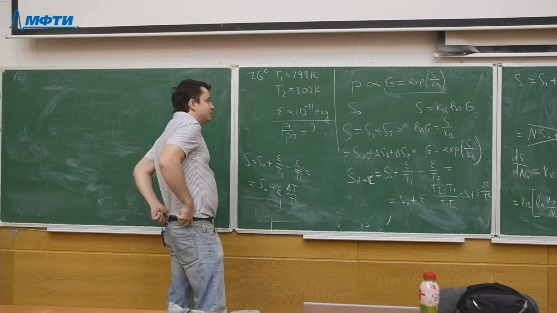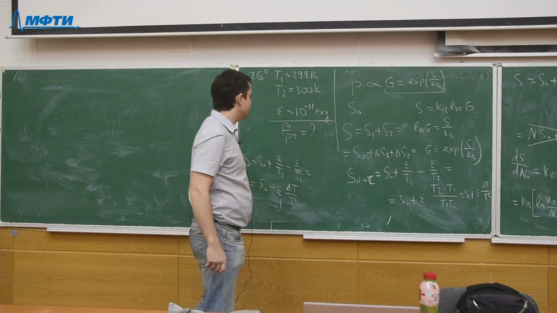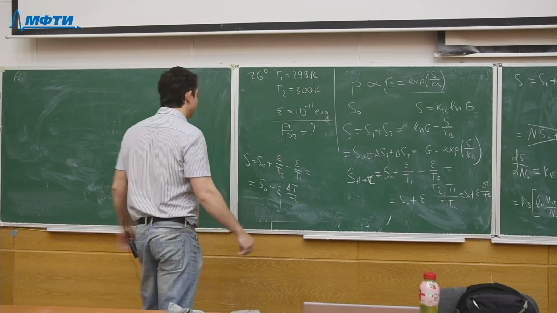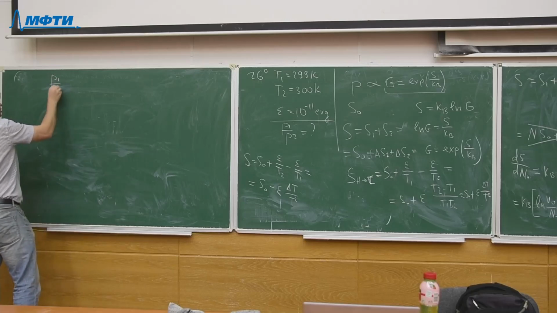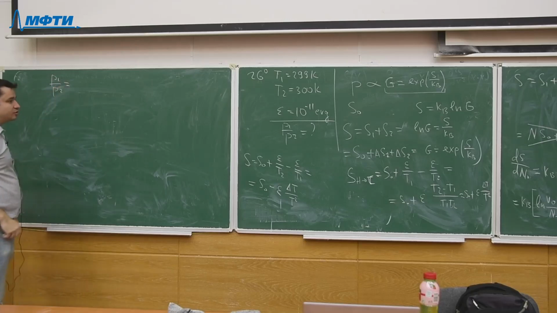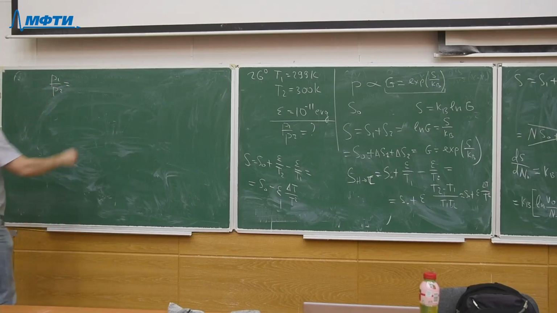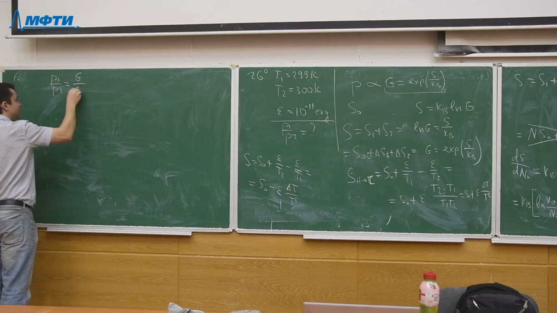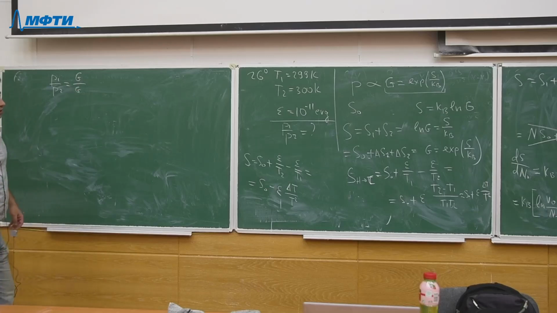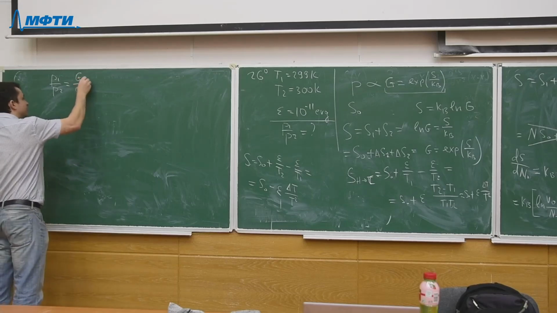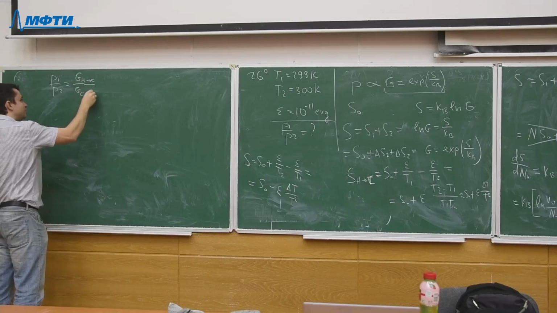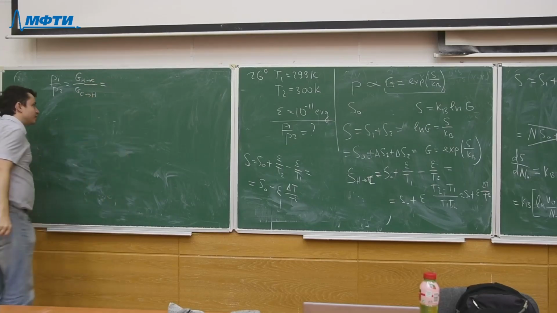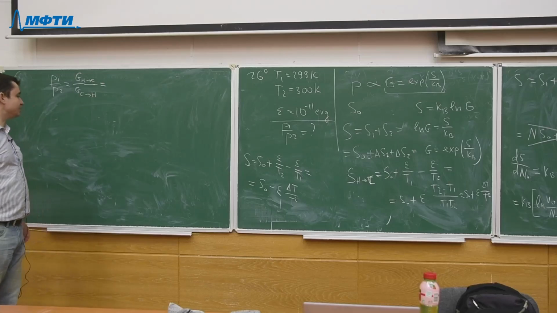Okay, so now we are going to calculate the ratio of the statistical weights. The probability of one process over the probability of the second process should be equal to the ratio of statistical weights. First, the case in which the heat has been transferred from the hot body to the cold body, divided by the statistical weight in the second case.